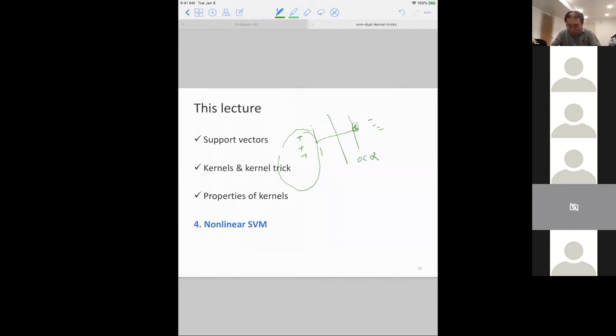It's bigger than 0. Why? Because for this misclassified example, you must have functional margin w transpose x_i plus b smaller than 1, and in this case, it must be negative. That means alpha_i must be strictly bigger than 0. Could you please repeat what you mean by breaking into the margin, for example, in your figure? You have positive examples here, negative examples here.